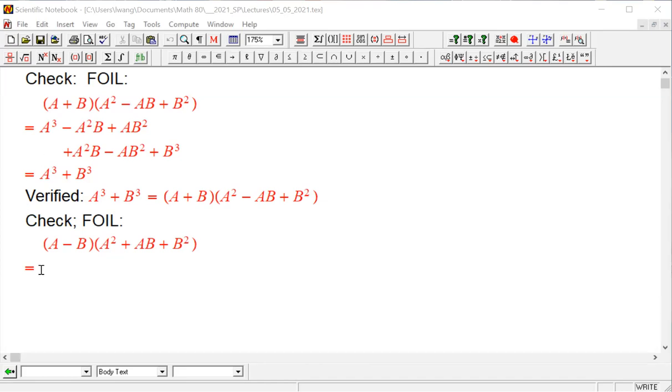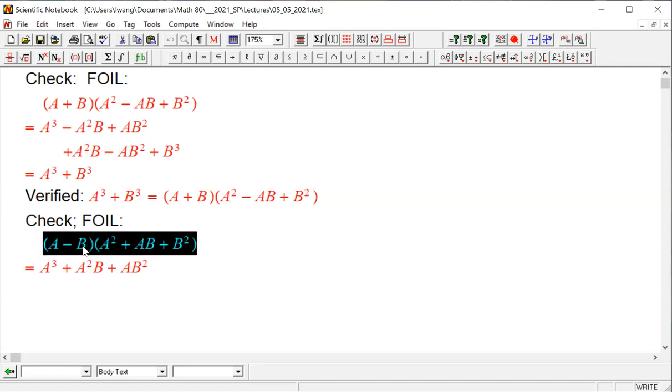Did? Okay, so let's do this again. Similar, a times a to the power 2, then we get a to the power 3. A times plus ab, we get plus a squared b. A times b squared, we get ab squared. Next, we're going to take the negative b, multiply a squared.